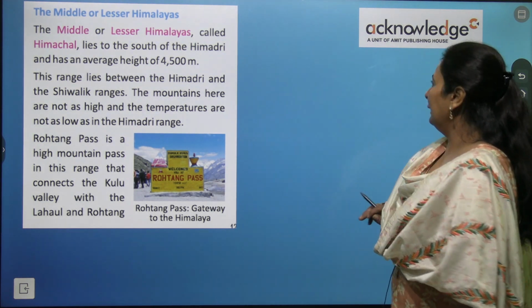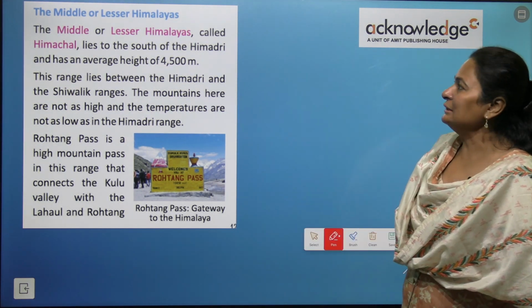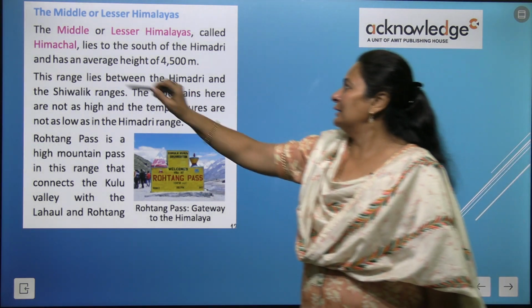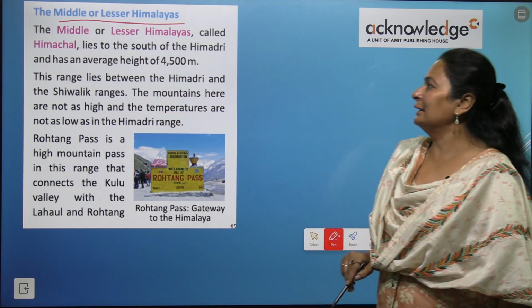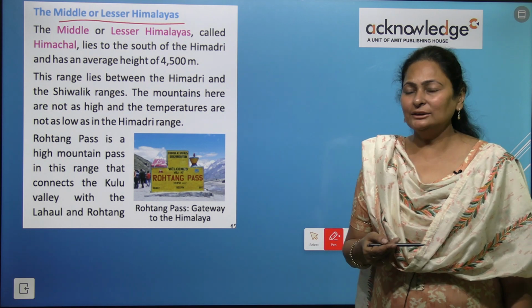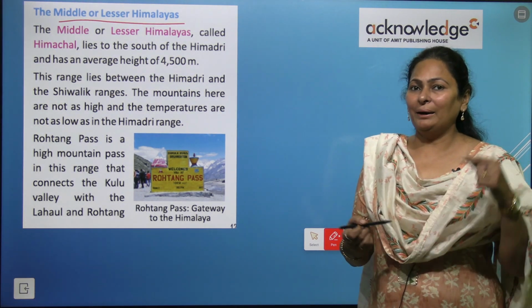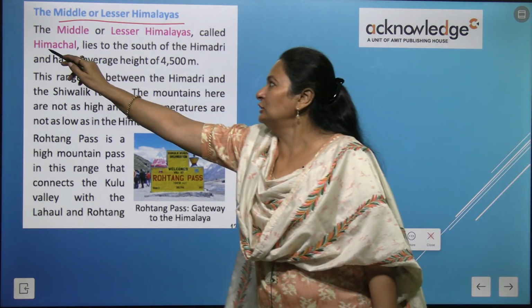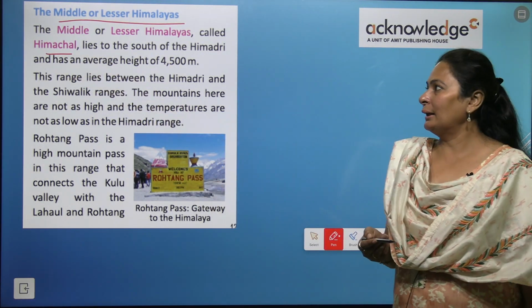Now, the next parallel range is the middle or lesser Himalayas, called Himachal. We call the Greater Himalayas Himadri; now we call the Lesser Himalayas Himachal.